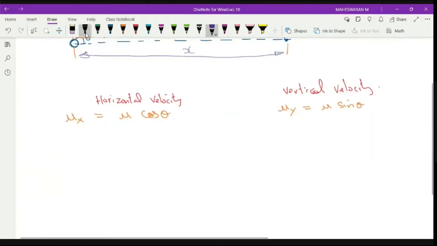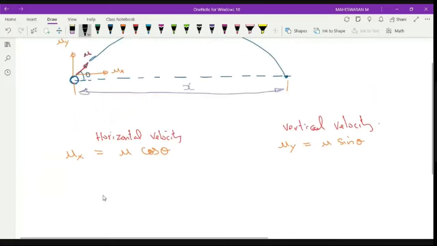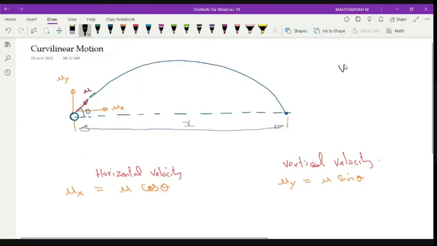So in that case I can write the 3 equations. We know the 3 equations: v is equal to u plus at, v square is equal to u square plus 2as, s is equal to ut plus half at square. I'm going to use these 3 equations and write them accordingly.